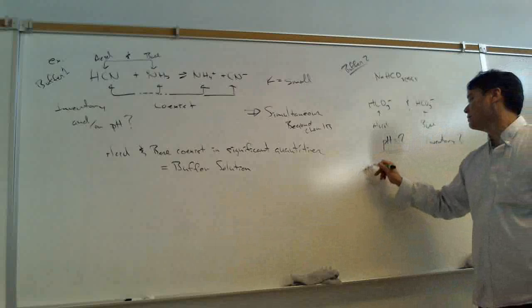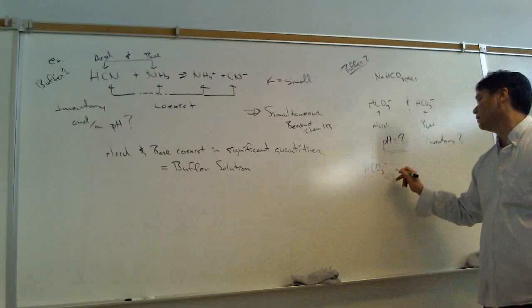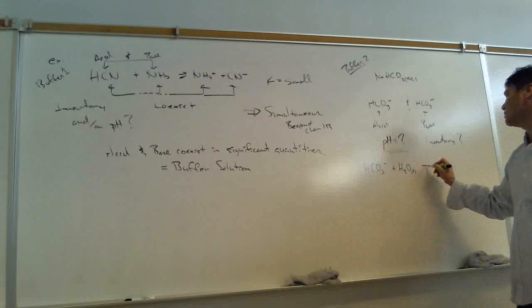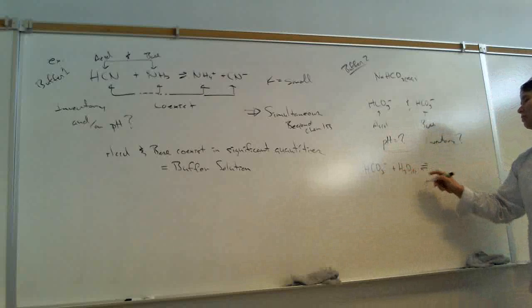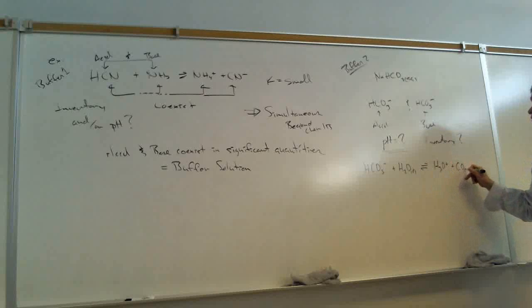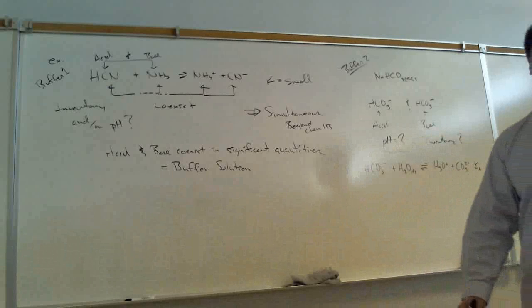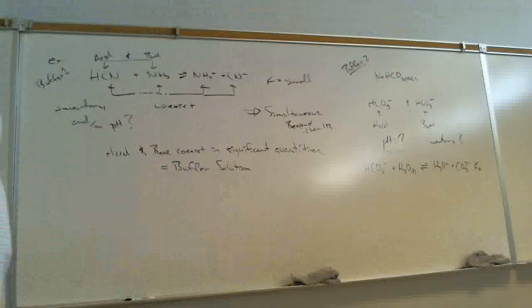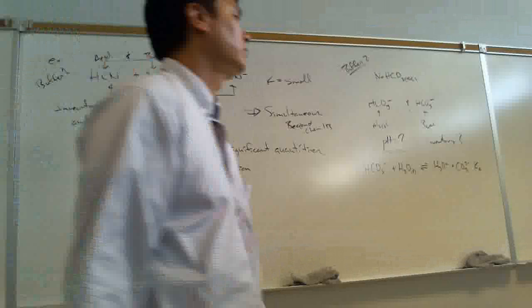Because bicarbonate can collide with water, like an acid, to generate hydronium and carbonate. Ka for bicarbonate, we'll just use the one on the chart here, 5.6 times 10 to the minus 11.